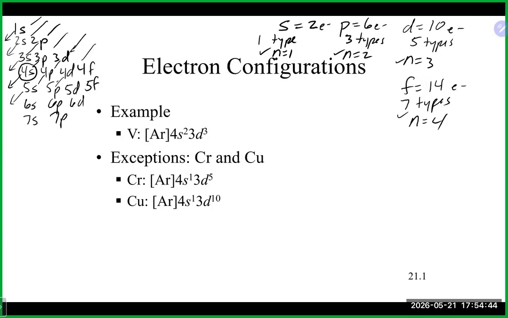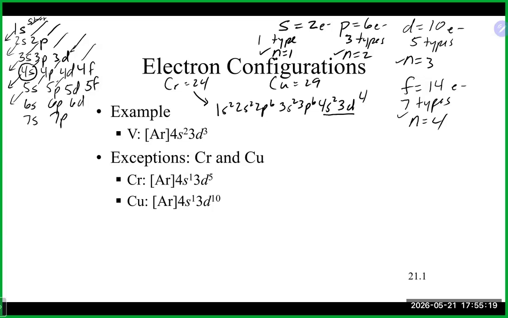And there are a few exceptions to the normal electron configuration as you might think about it. The two most people are responsible for are chromium and copper in the first row. And if we follow this chart, which we always start up here, if you wrote chromium, which is 24, and copper, which is 29, for chromium, you would do 1s2, 2s2, 2p6, 3s2, 3p6, 4s2, 3d4 if you follow that chart.